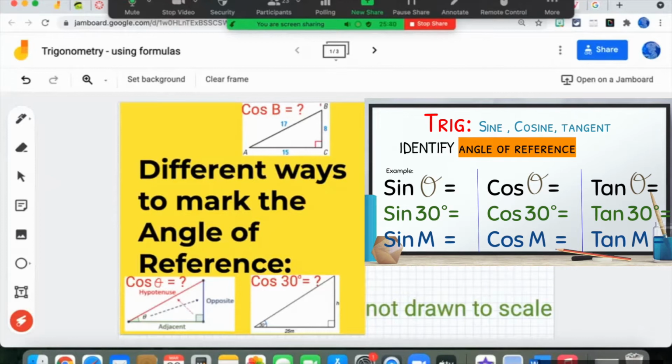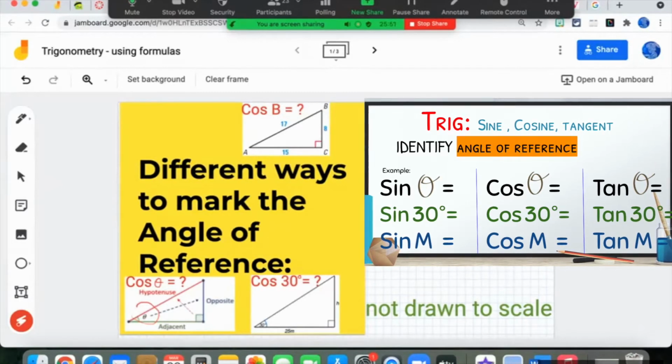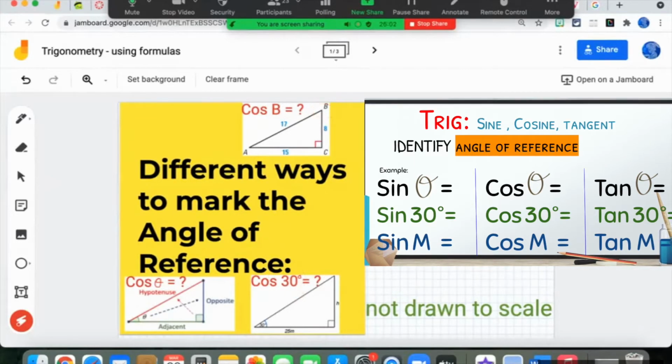And B is the letter on the angle itself. These are different ways that you are calling an angle theta. We can call it the theta, the Greek math symbol, the angle measure itself, or the letter on the angle, angle B. Cos B is equal to what?